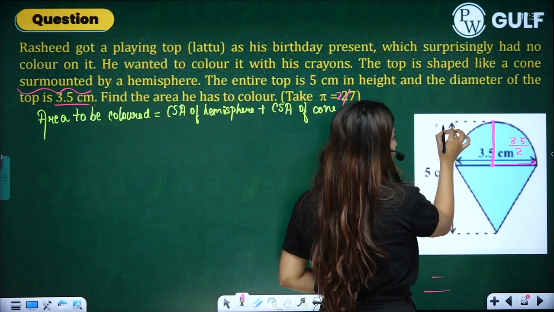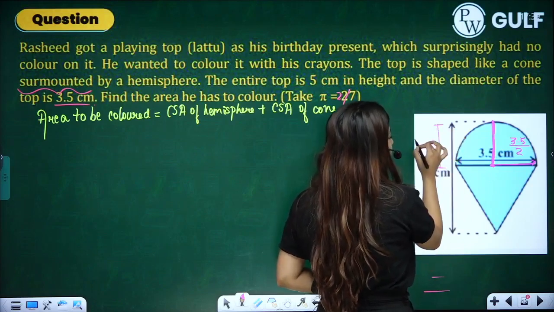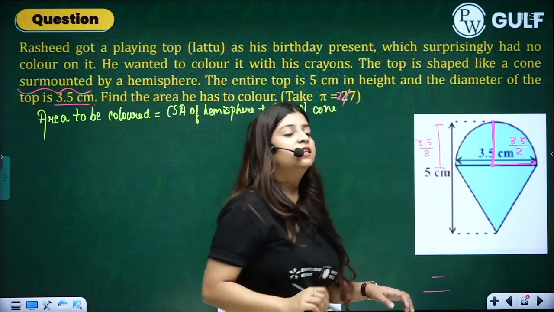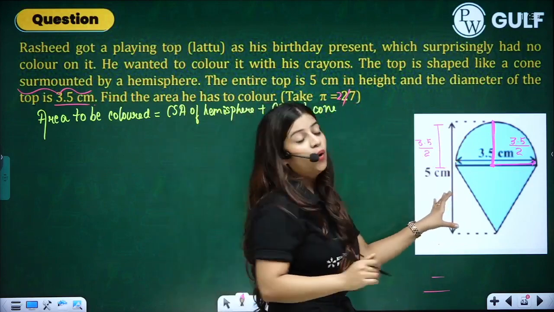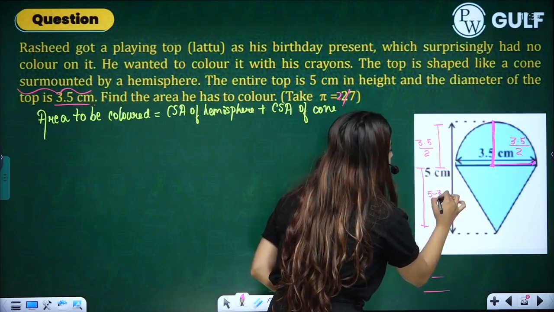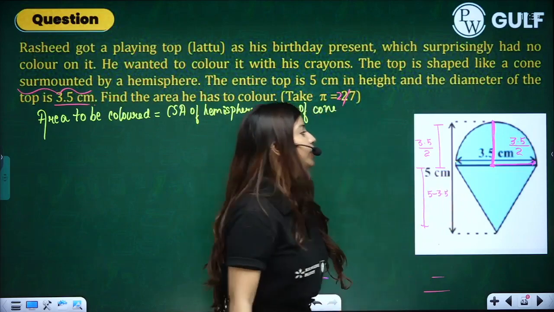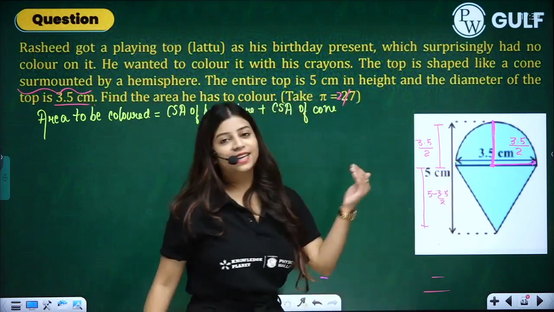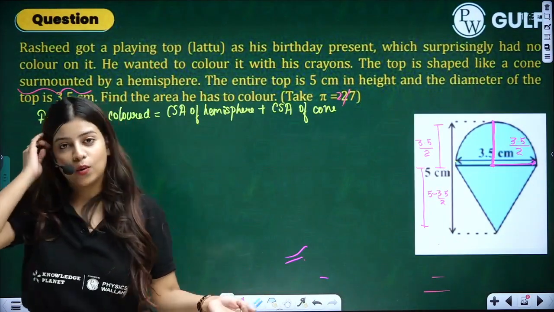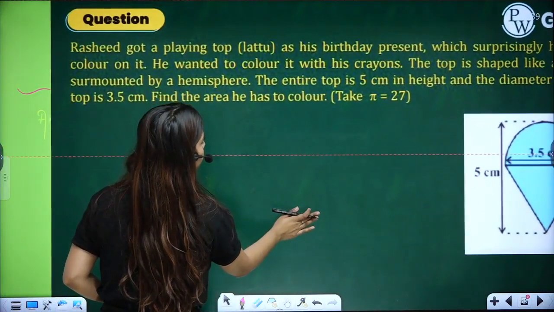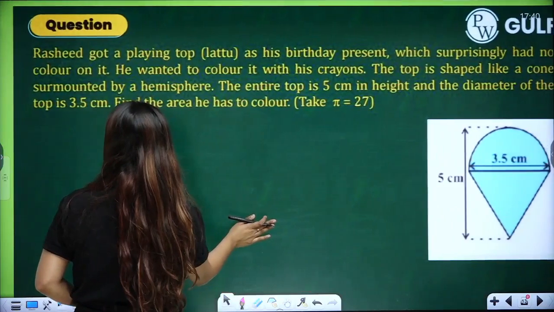So from here to here, this will also be 3.5 by 2. For the height of the cone, if I subtract 3.5 by 2 from 5, we will be getting the height of the cone, right? So let us calculate the different things that we need to find out.